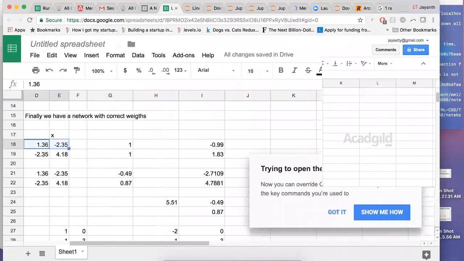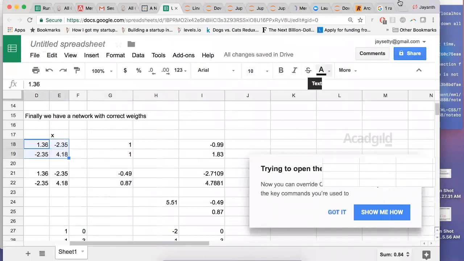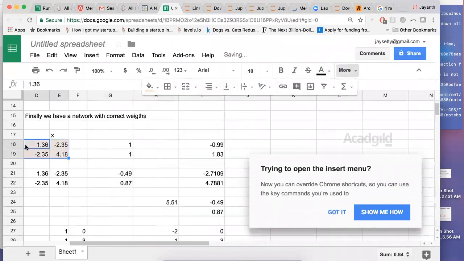Can everybody see this matrix? I've written a small matrix here, 2 by 2. It's 1.36, minus 2.35, minus 2.35 and 4.18.